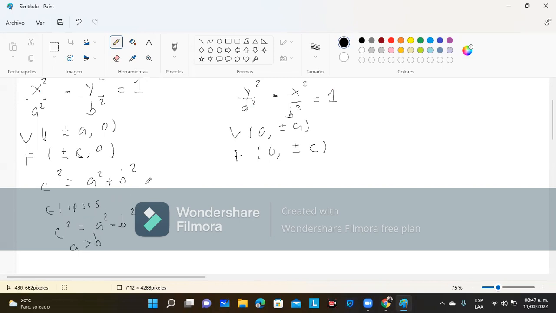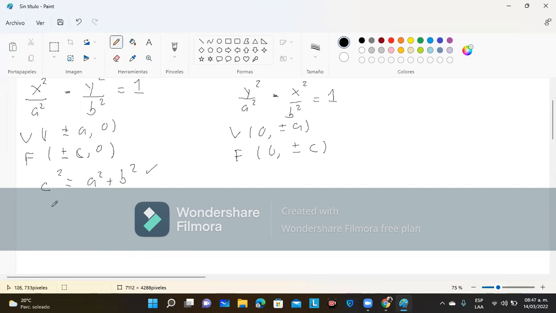But in the case of the hyperbola, this is not going to be true. So this was for ellipses, and now we have this for hyperbolas. Let me write it here so that you will not be confused. Forget about the equation for the ellipse.